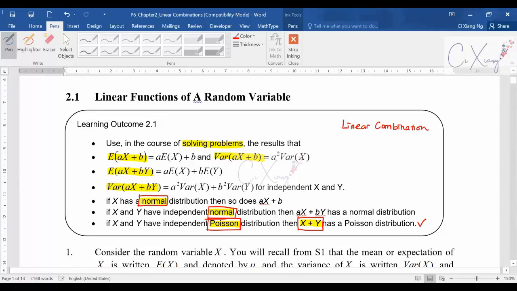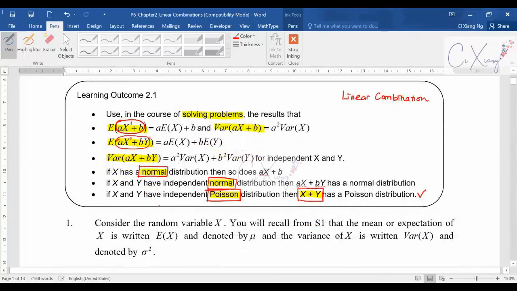When we say ax plus b, you are having x power 1, right? It's linear, therefore we call it linear combination. Like for this one, ax plus by, both x and y are linear, power 1. Therefore, we call them linear combination. That means that you add them together or you minus them together.